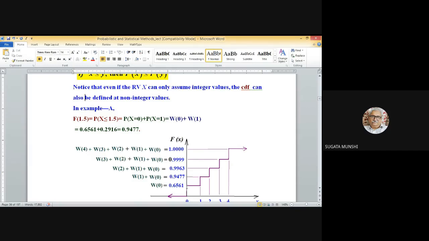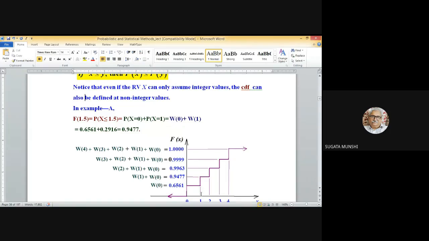And what is the height of this discontinuity? It is the value of the probability mass function at that value of small x. So at small x equal to 0, it has a jump discontinuity, and the height is the value of W0, which is 0.6561.